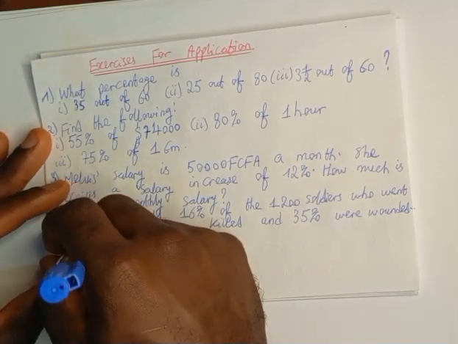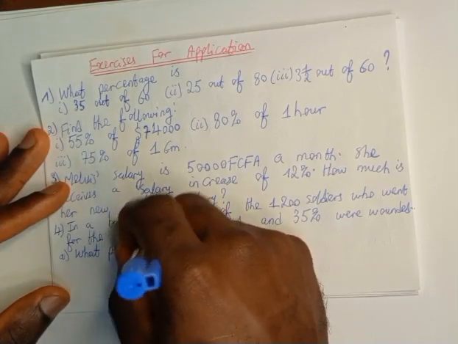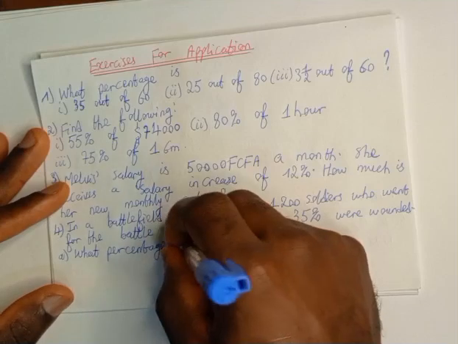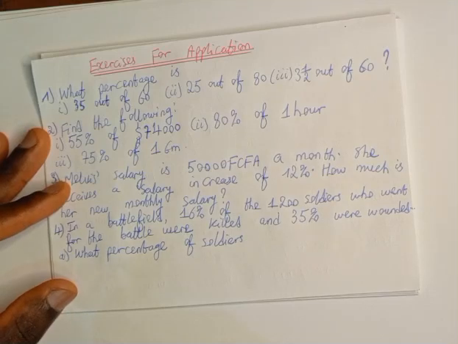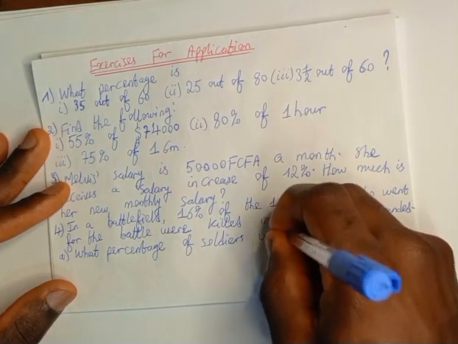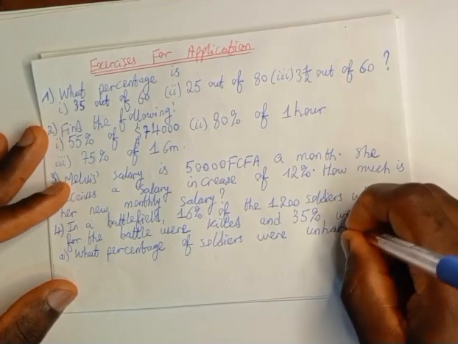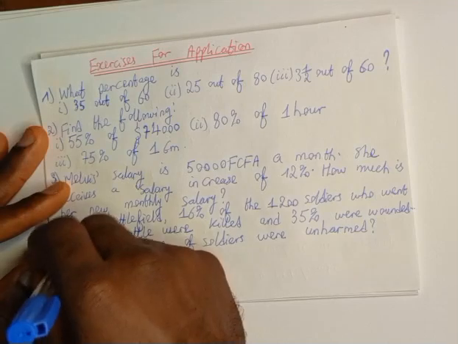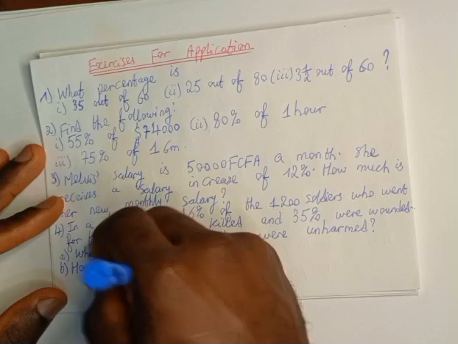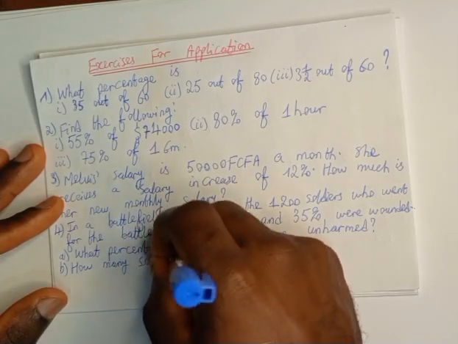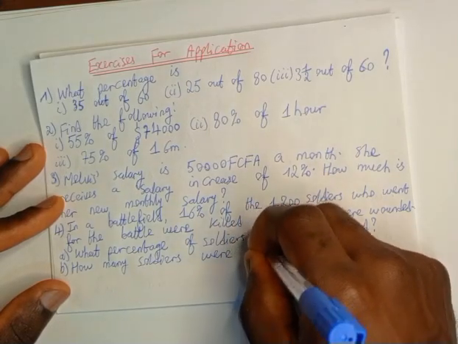Question E by margin is asking us what percentage of soldiers were unharmed. They had no problem. Question D is asking us how many soldiers were unharmed.